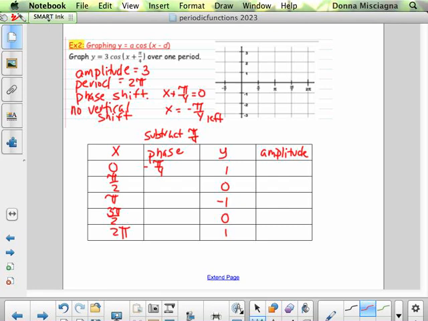And pi fourths, pi halves. So we're subtracting pi fourths from pi halves. Pi halves minus pi fourths. That would be 2 pi fourths minus pi fourths is pi fourths.